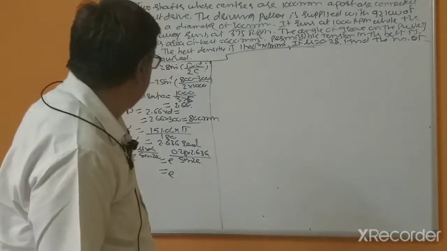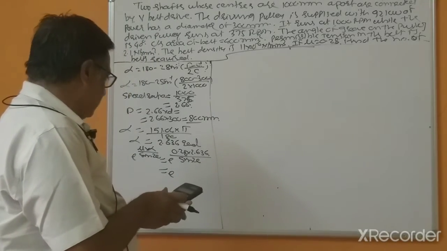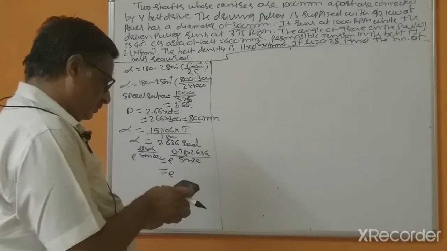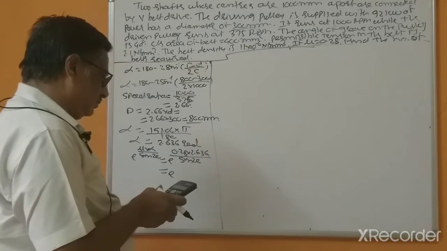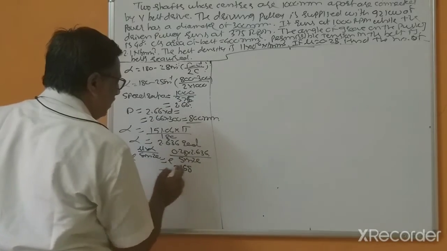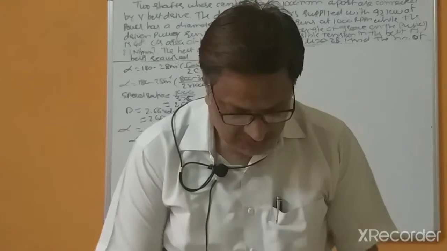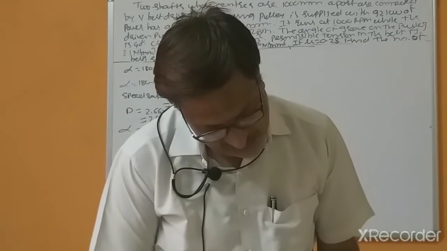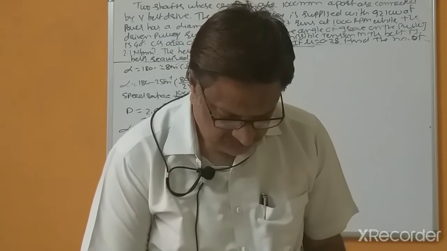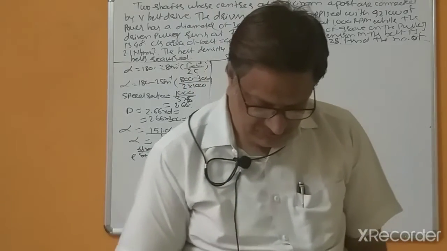After that, approximately, because my calculator settings are disturbed, it is 2.158. So for this value, I will take approximately 2.15.